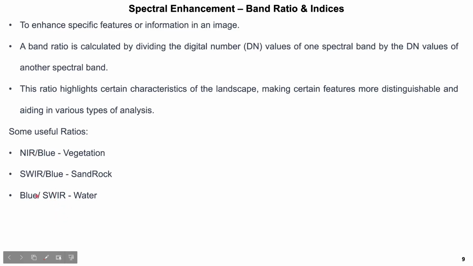So if you divide blue by SWIR, this value is very low, and blue has a reflectance value, so water will get highlighted. These are some of the ratios that you can use in your analysis.